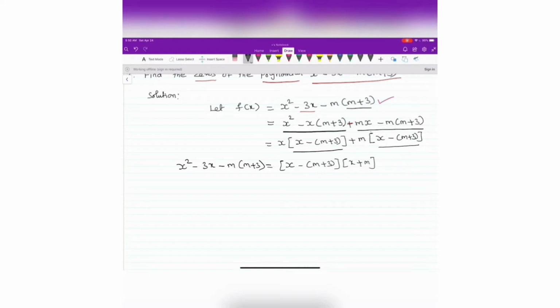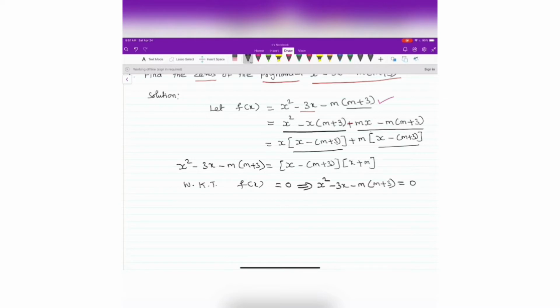So I am going to write in this manner. We know that f of x equal to 0. This implies x square minus 3x minus m into m plus 3 should be equal to 0.